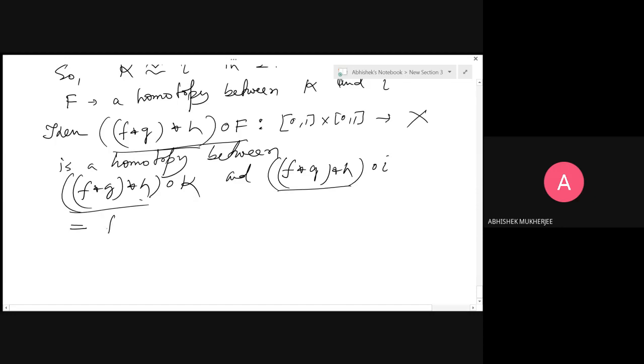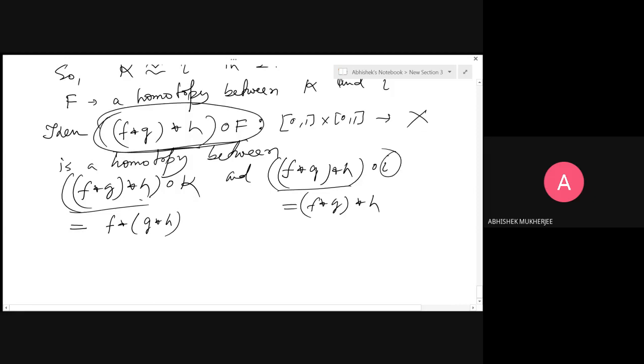But here you look at the functions. This one is f star (g star h), and this one is actually (f star g) star h, because I is the identity. So f star (g star h) and (f star g) star h are homotopic to each other using this homotopy.